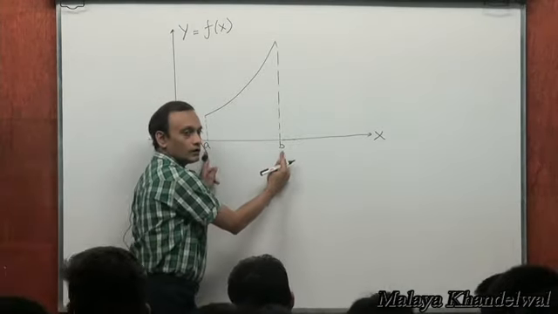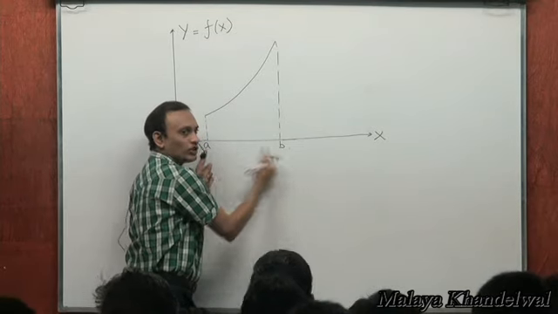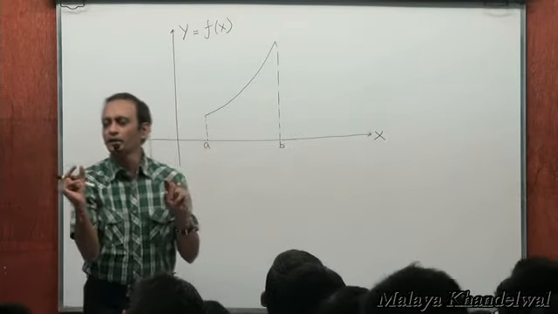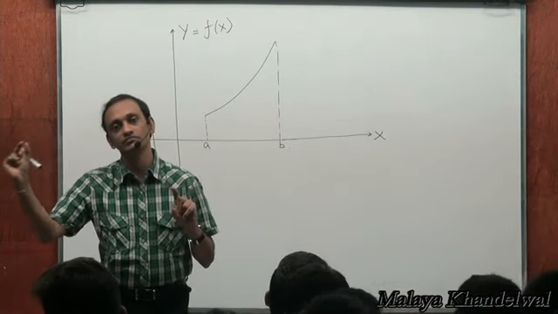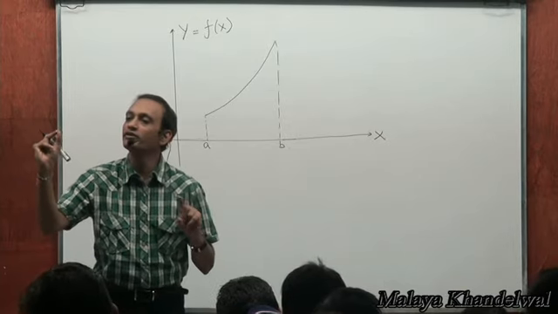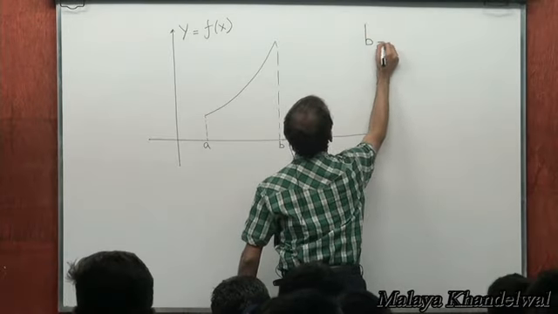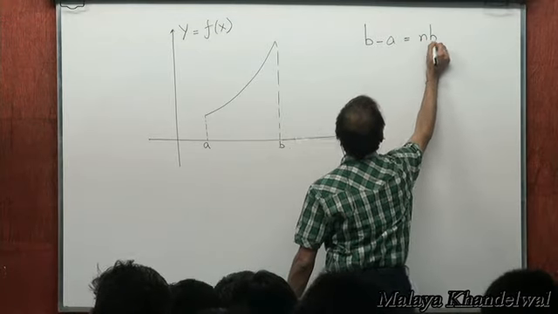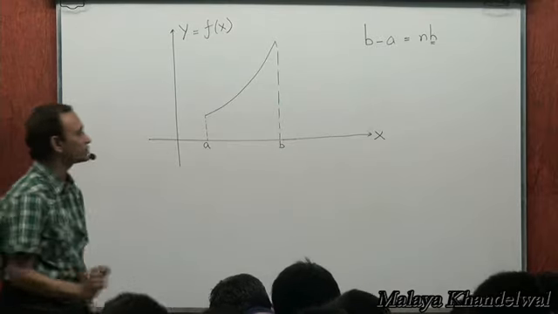This interval along the x-axis, which is of length b minus a units, I break it up into n equal intervals of h units each. That means b minus a is nh. N intervals, each of length h units.